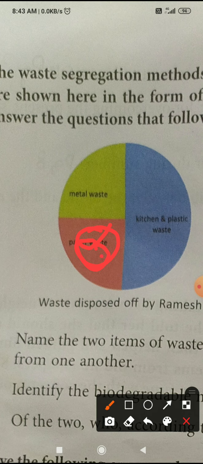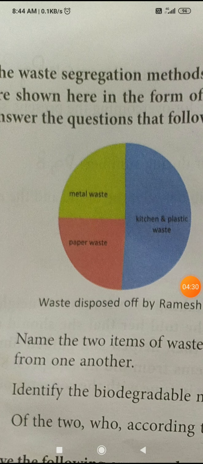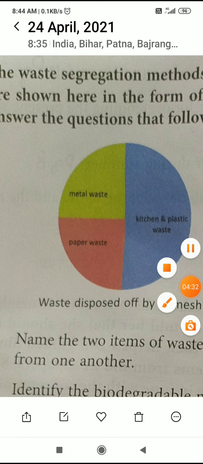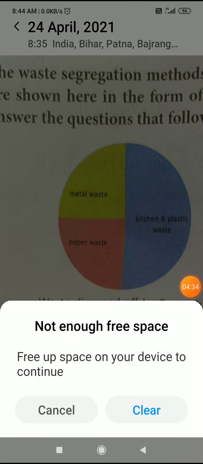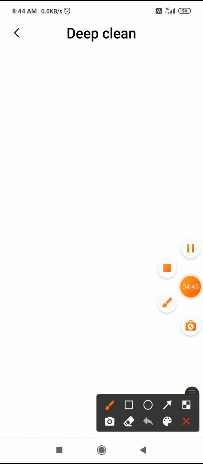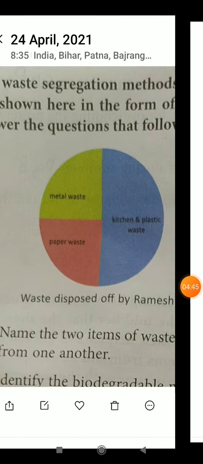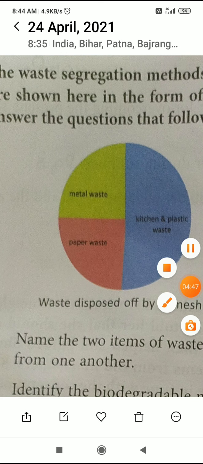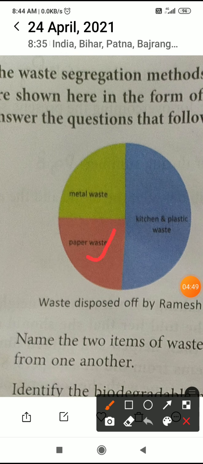So that is used for many purposes, used for making bags and so many things. And children, one thing I am also saying to you, that this paper waste is also used in other ways.